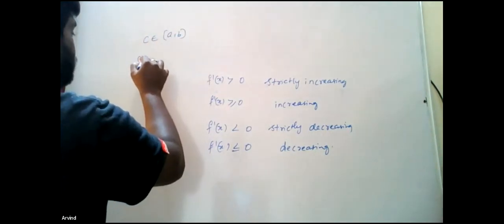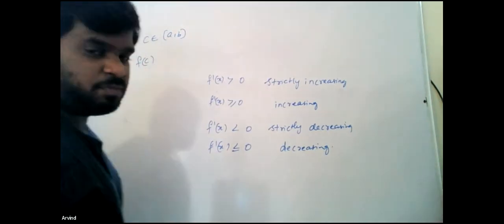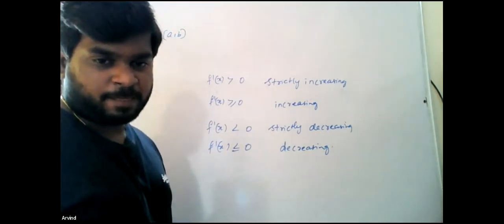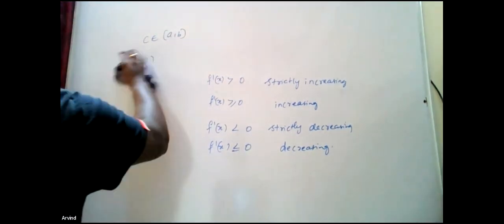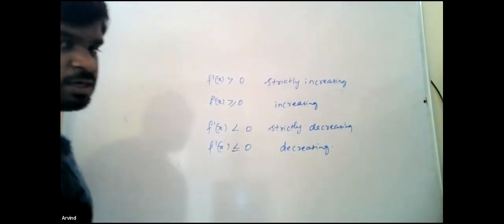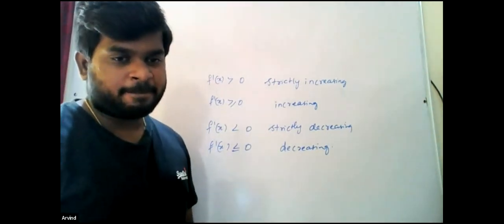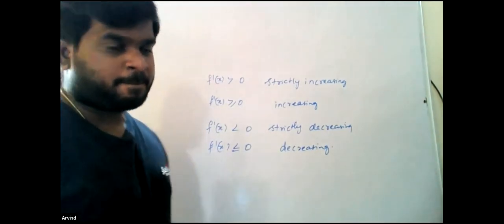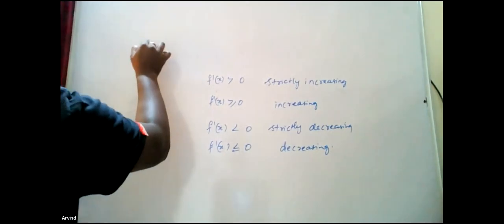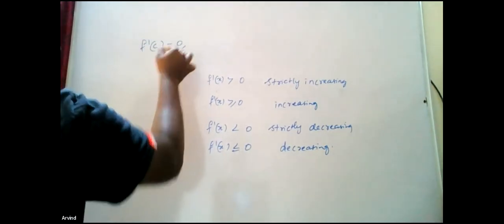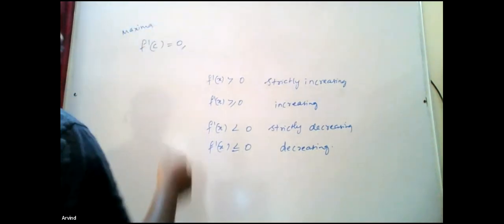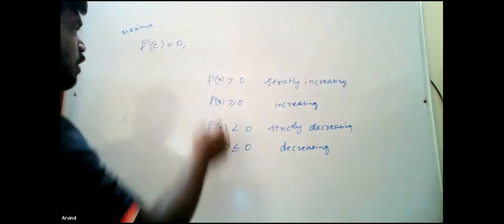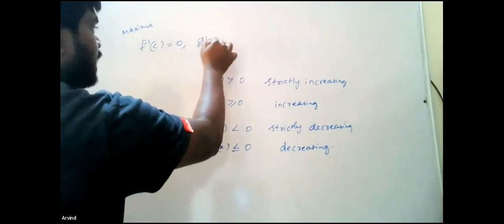If I want to say f of c is maximum, then what is the condition? We call it the second derivative test. What should f dash of c be? F dash of c should be 0. I am talking about the maximum. F dash of c should be 0. What about f double dash of c? What should it be?